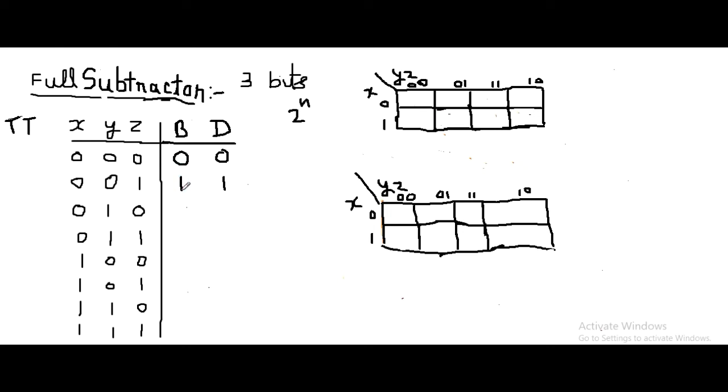I explained in my previous video on the half subtractor why this borrow is here: 0 minus 1 means we need to borrow something from the other side, otherwise we cannot subtract it.